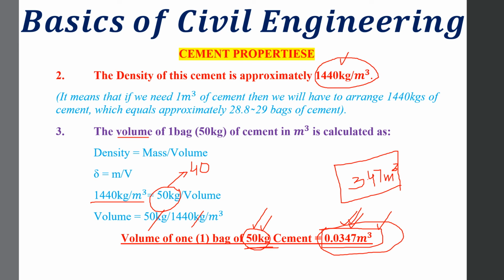Suppose we have 25 kg, you will write 25 kg here. So if we have a 25 kg bag, then you will replace this 50 by 25 and you will get the volume for a 25 kg cement bag. So keep in mind this concept, that the volume which I am presenting in these slides is for a 50 kg cement bag.